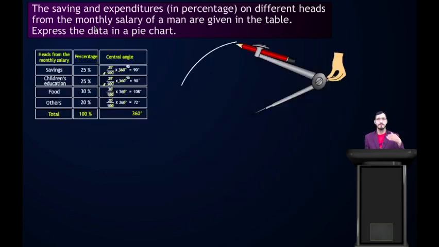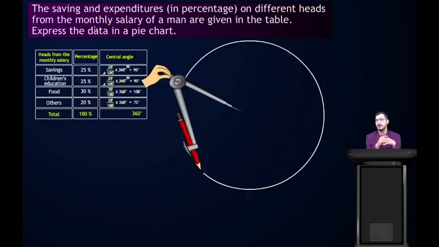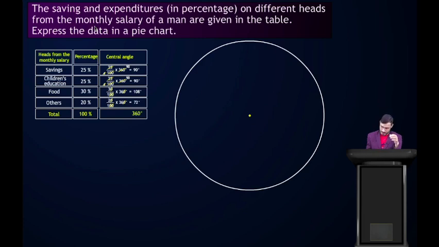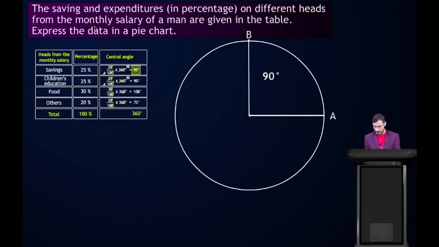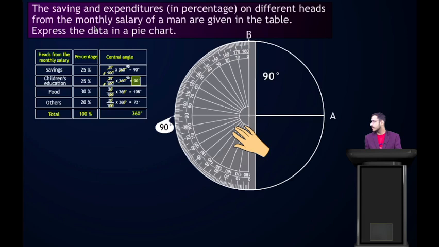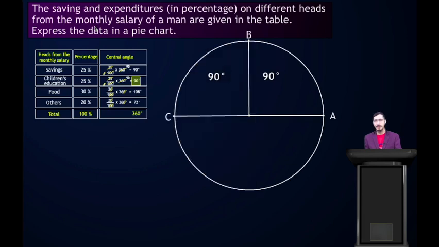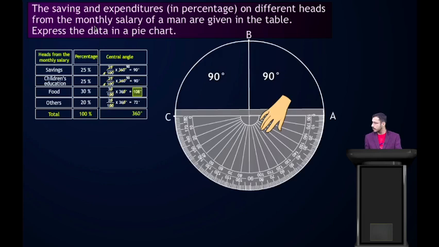Now draw a circle taking any radius, and then draw a radius OA like this, and mark the angles one by one using protractor. It's pretty simple. First one is 90 degree. Second one again 90 degree. Third one is 108 degree, so we draw 108 degree.